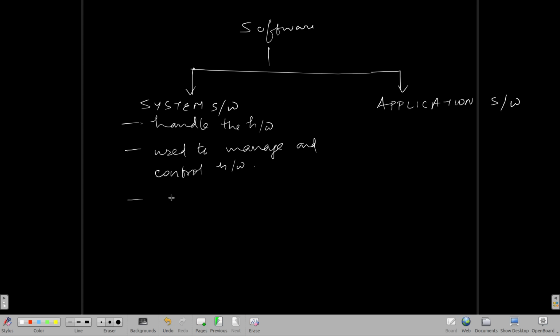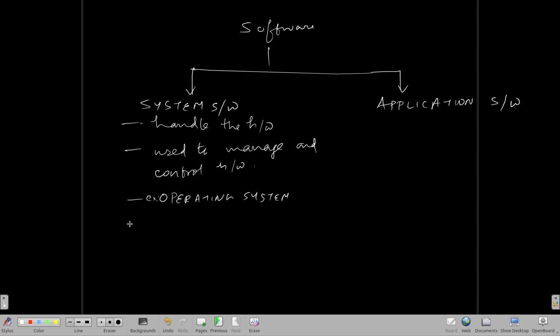An example which you will understand right away is the operating system. Right, whether you are using Windows or Ubuntu or whatever, your operating system is an excellent example of a system software. The purpose of your operating system is that it is a platform for you to use the hardware, right? It serves as a platform.